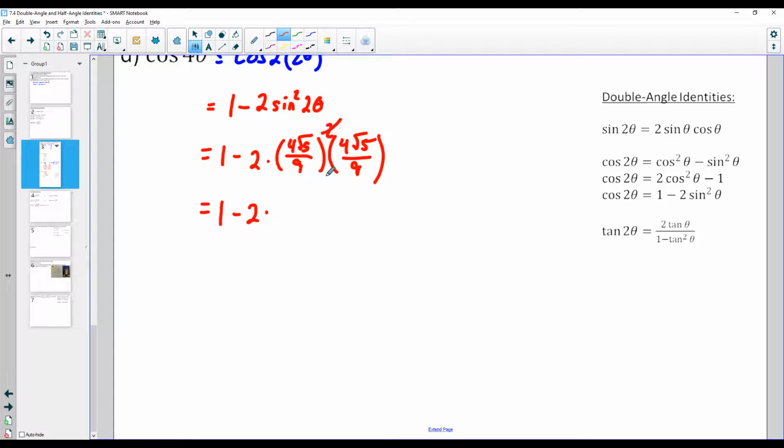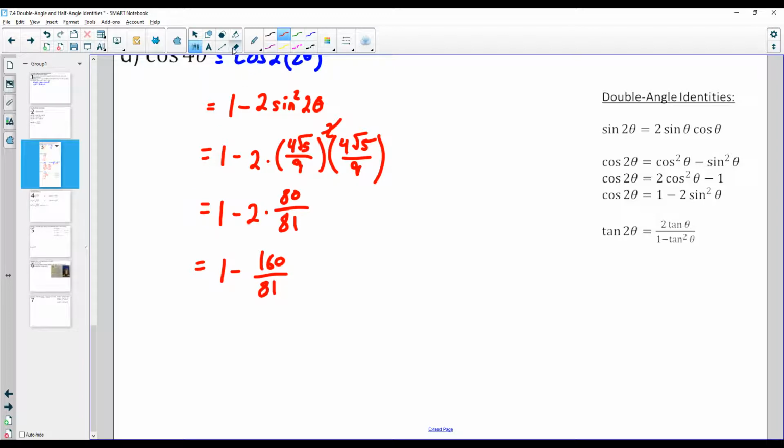We can ignore this too. 4 times 4 is going to be 16. And then we're going to get square root of 5 times square root of 5, which is 5. So we're going to get 16 times 5, which is 80. And then 9 times 9 is 81, right? And then 2 times 80 is 160 over 81.